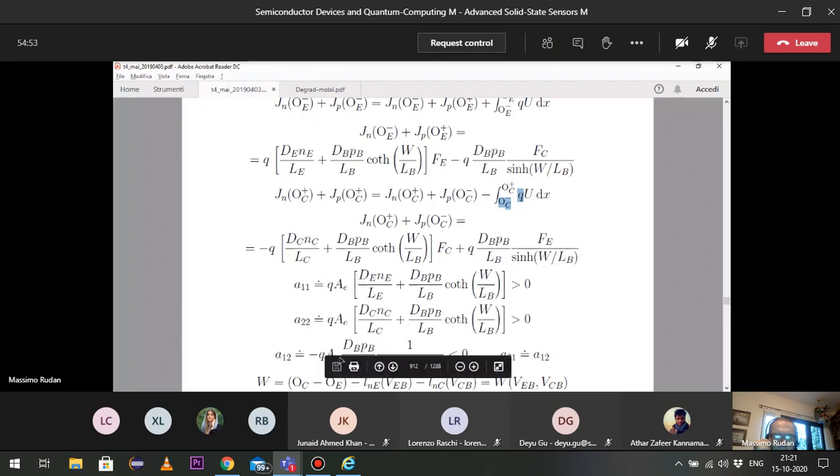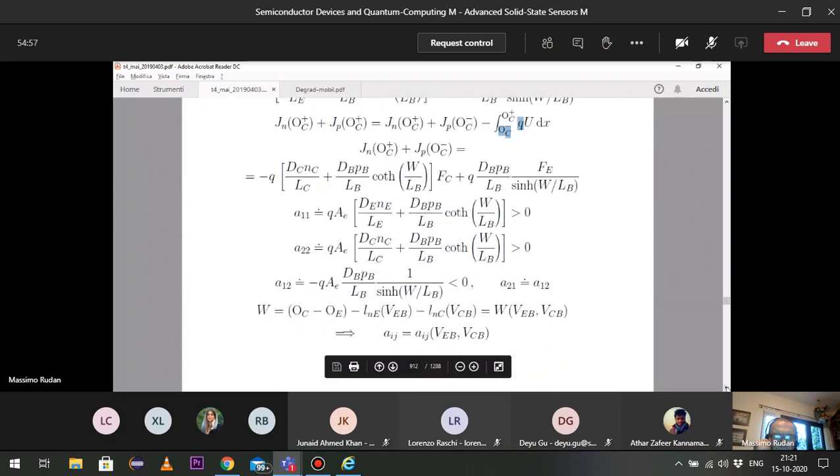So we define it with a minus, and we call it A12, the first of them, the one that multiplies Fc in the first equation. And finally, the other term that multiplies Fe in the other equation is identical. We call it A21 just to distinguish, but it is identical to A12. Okay.